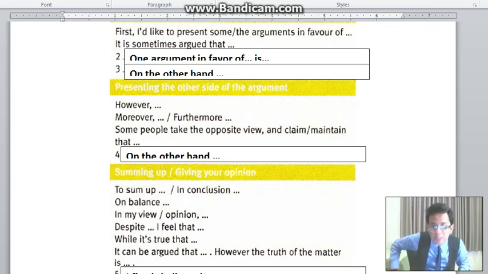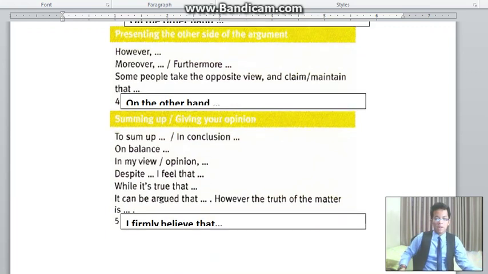And if you want to present the other side of the argument, the opposite side, you can use: however, moreover, furthermore, some people take the opposite view and claim or maintain that. The next phrase, on the other hand, you can use for both one side and the other side.